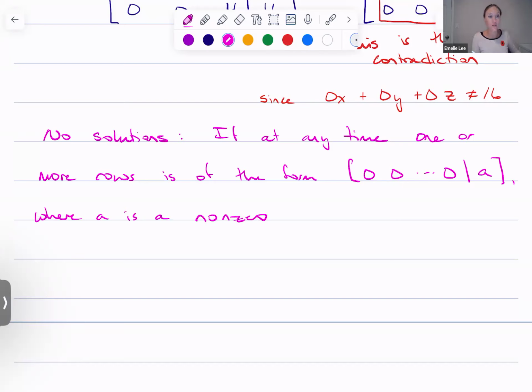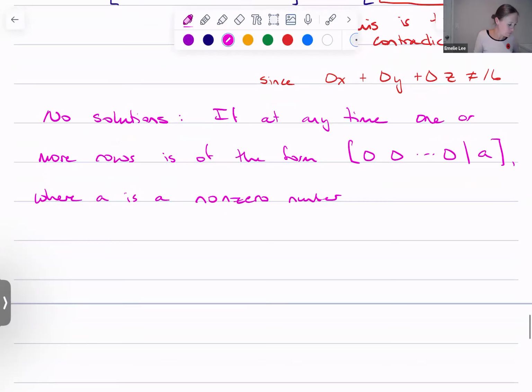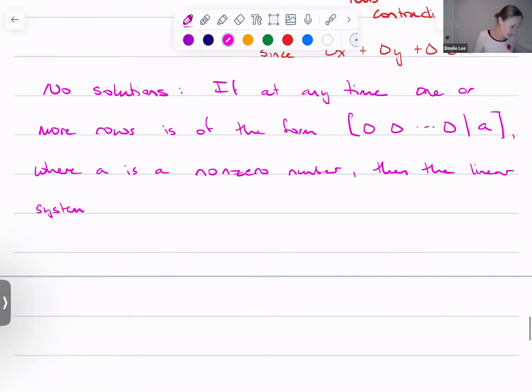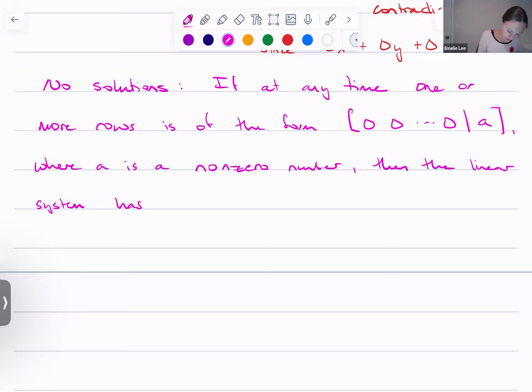It's fine if it's 0, right? That's true. Non-zero number, then the linear system has no solution.